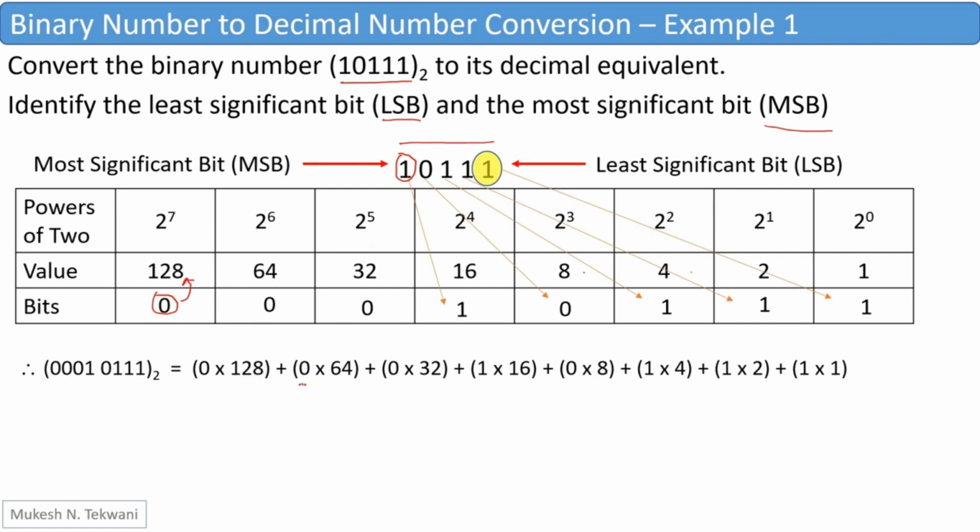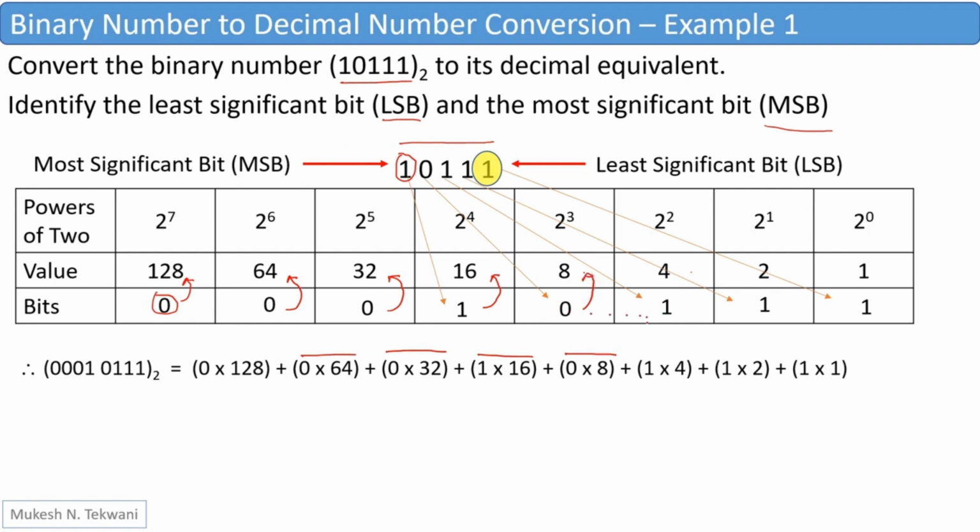Then similarly 0 into 64, then 0 into 32. Then plus 1 into 16. So we have the bit 1 multiplied by its weight 16. Then 0 into the weight 8.